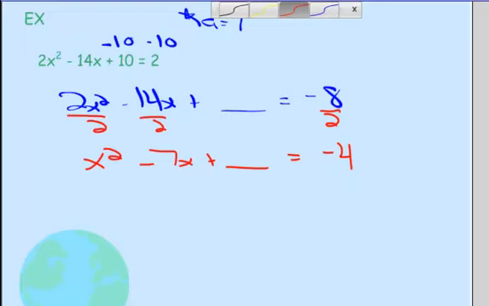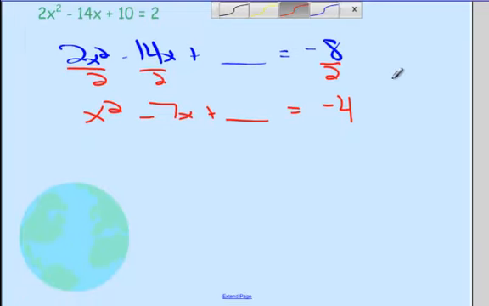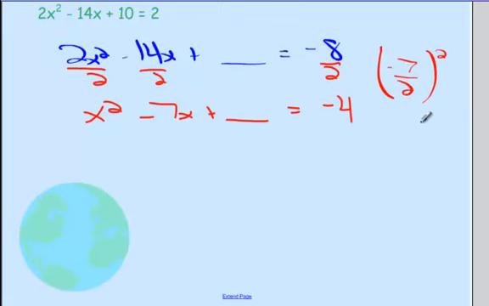Now I can begin to solve. So negative 7, half of that, and square it. So I now have 49 over 4. So plus 49 over 4. Next thing I want to do is write it as a binomial squared.